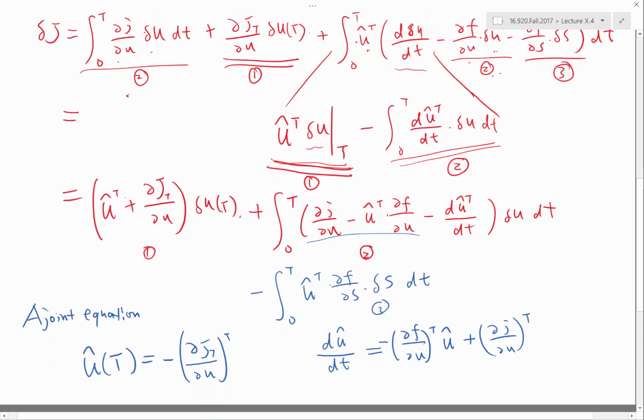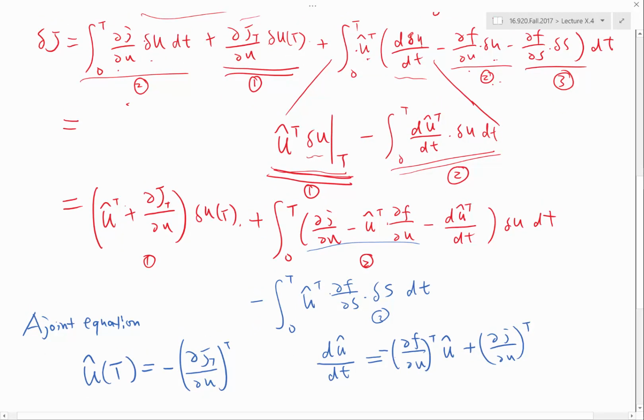Okay, so now it's just like what we had in the discrete case of backpropagation. We need to solve this adjoint equation backwards in time, because we don't know what the adjoint solution is at t equal to 0. What we know is the adjoint solution at t equal to big T. That means we are solving a differential equation backwards in time.